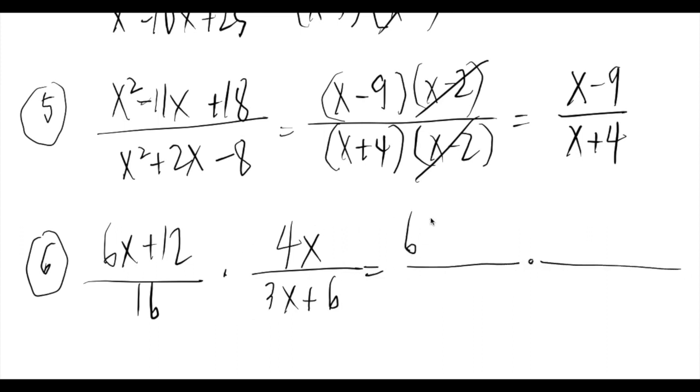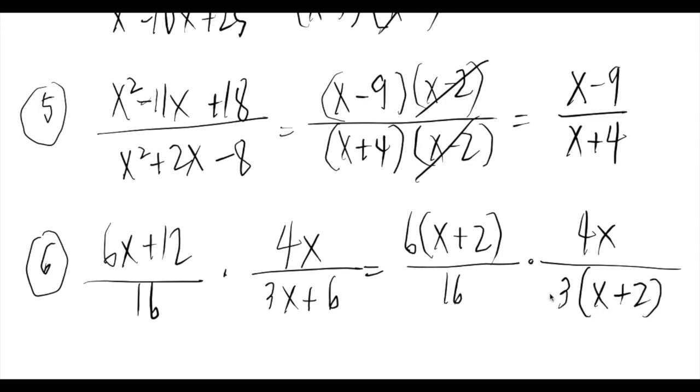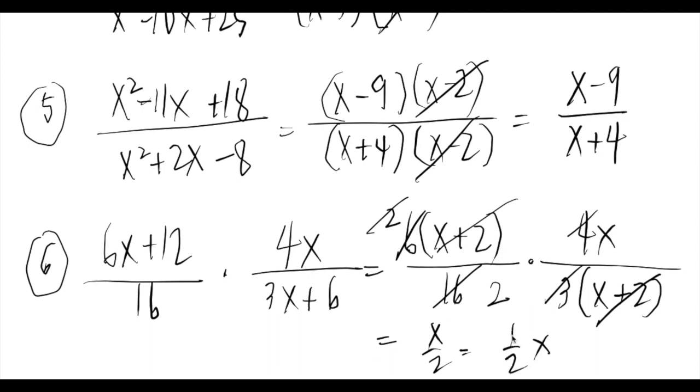Here we have 6 times x plus 2. 16 pa rin yan, 4x pa rin. 3 times x plus 2. Pwede natin i-cancel yung x plus 2 and x plus 2. Itong 3 and 6, may iwan ka with 2. 2 times 4, that's equal to 8. So, makakancel natin yan with 16. We are left with x over 2 or 1/2 x, whichever sa dalawa.